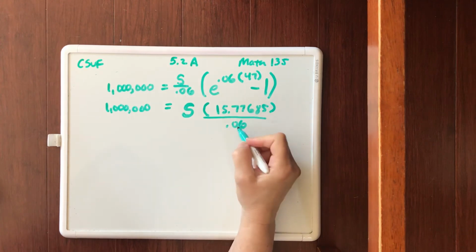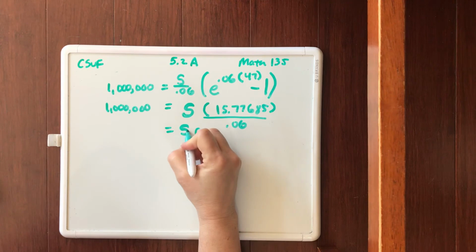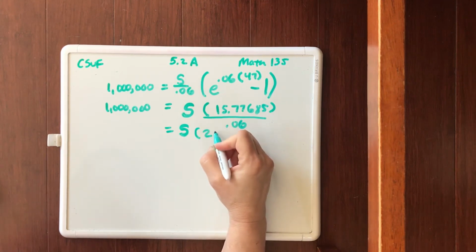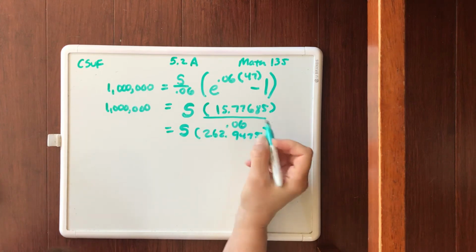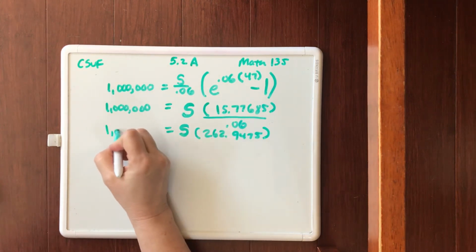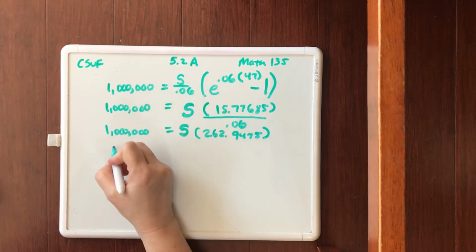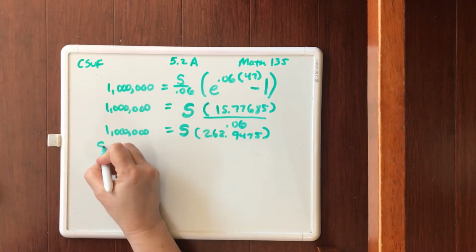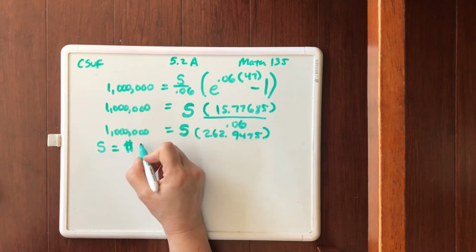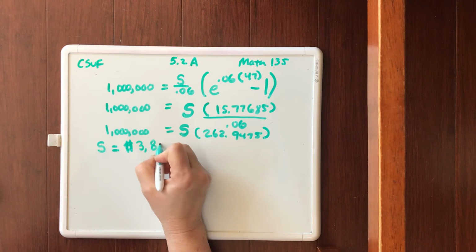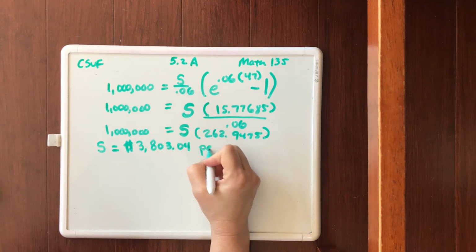This divided by that is going to equal 262.9475. We got $1 million over here, and we all know how to do algebra at this time. Divide both sides, and we're going to have S equals $3,803.4 per year.